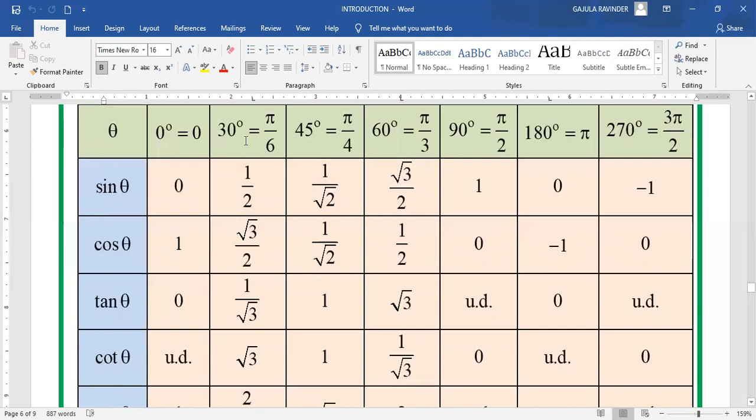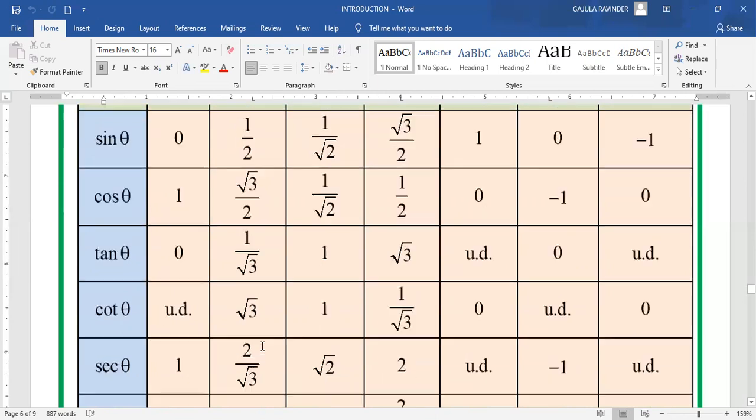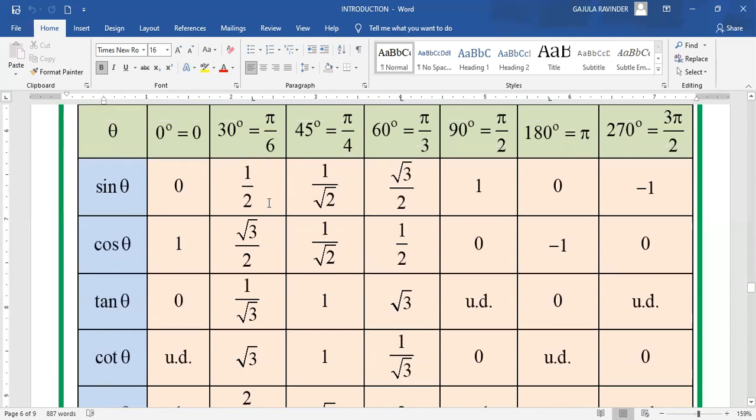So angles in both degrees and radians have been taken horizontally, whereas the ratios, when this is theta, sin theta, cos theta, tan theta, cot theta, sec theta and cosec theta have been taken vertically. Now, for one particular angle, that particular ratio has been taken in the intersection column.